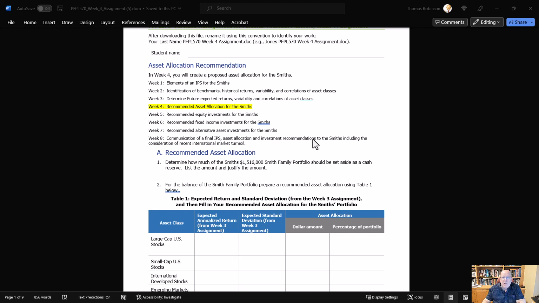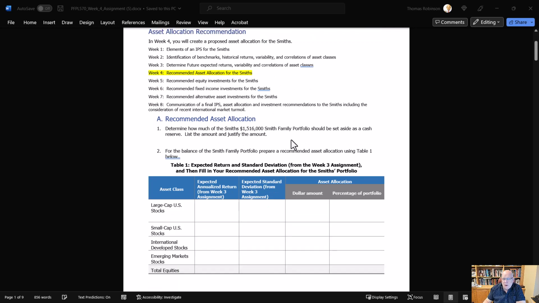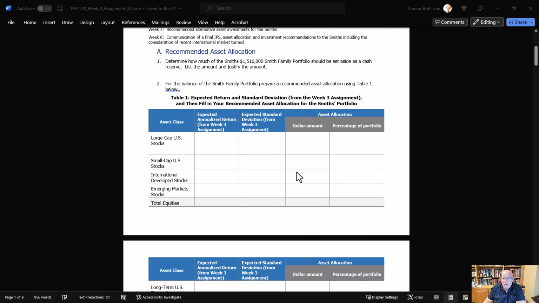And then that remaining balance in step 2 of Part A is going to be allocated between the different asset classes that you choose to include. You do not have to include all the asset classes that are listed there. It doesn't have to be a point on the efficient frontier. You're going to take everything into consideration and use your best judgment to come up with the asset allocation that you think is most appropriate for the Smiths.